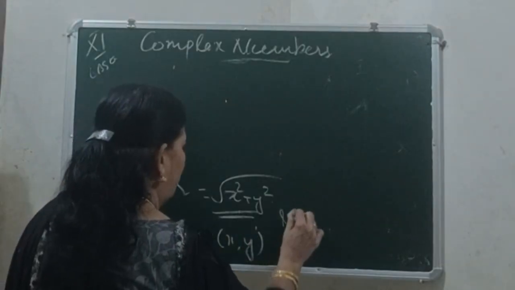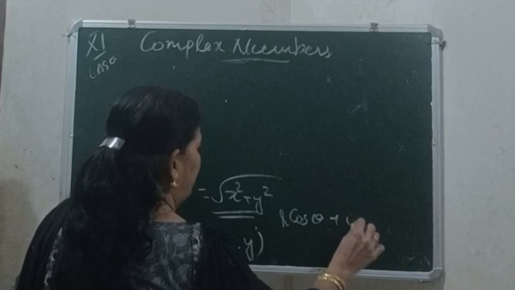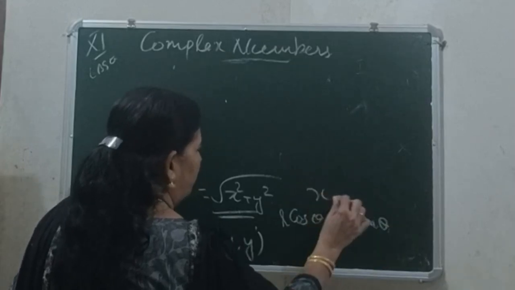Then r cos theta plus i r sin theta is x plus iy.